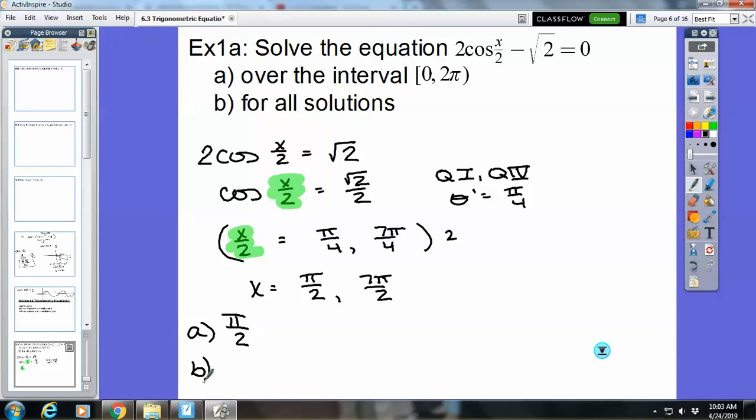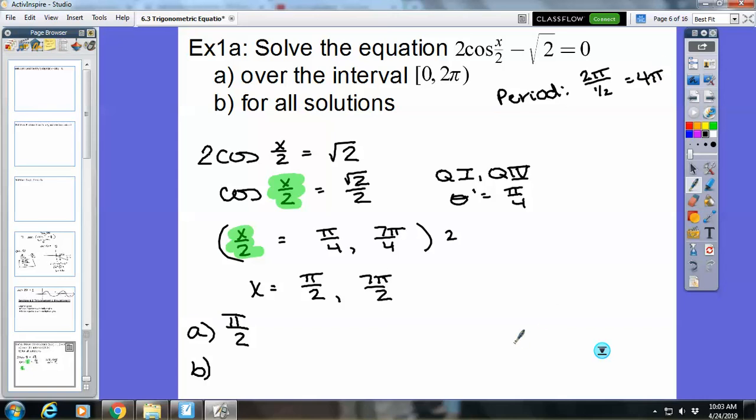Part B, I want all possible solutions. So previously, we would just take each of our answers and add 2 pi k or 360 degrees k, because that was the period. If I wanted the period on this, we always did, remember, our normal period, which was 2 pi, divided by the coefficient on x. That's 1/2.